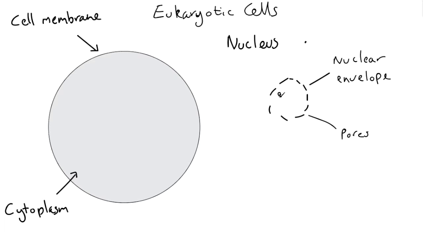You'll also see a dark spot, which is called the nucleolus. And this stores a certain kind of RNA called ribosomal RNA, which is the code on how to make ribosomes.